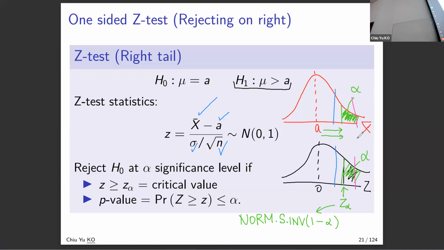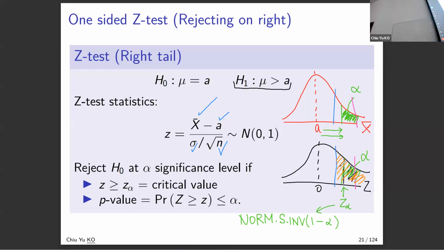And this area, how big is it? It's called the p-value.